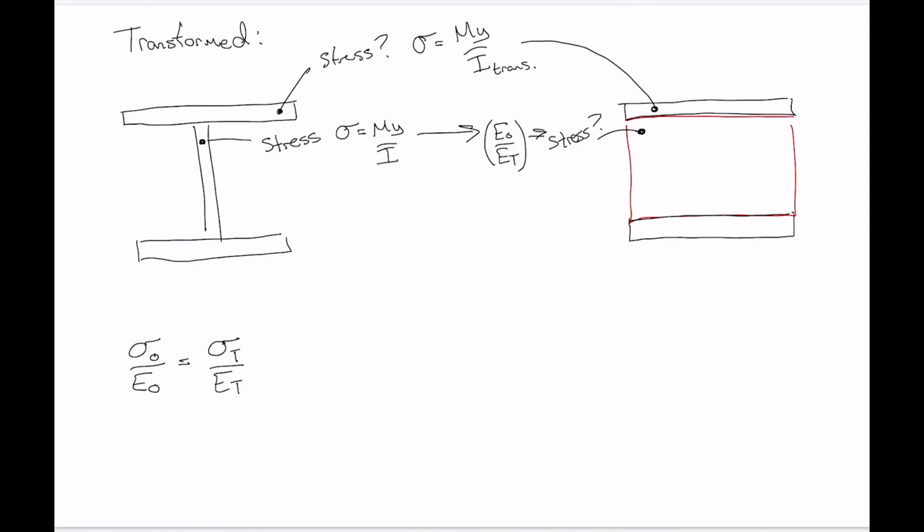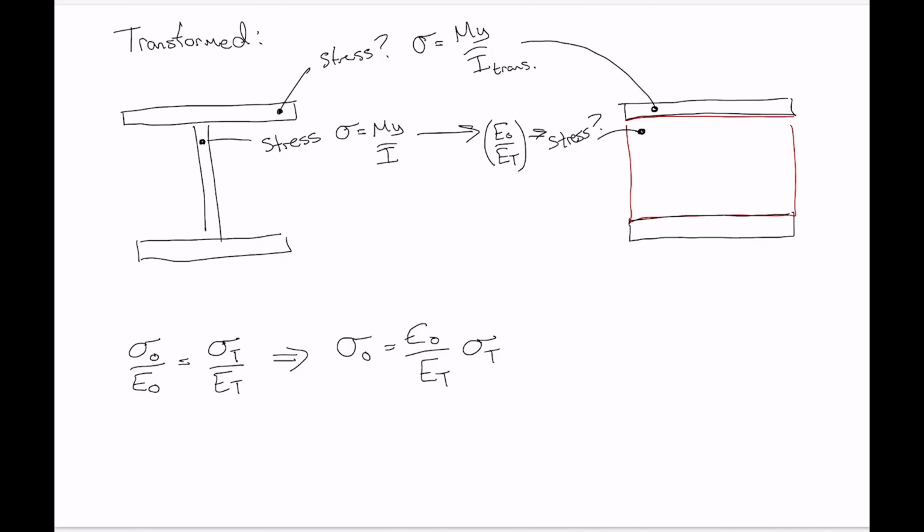This tells us that the stress in the original material will be equal to E naught over ET multiplied by the stress in the transformed material. I'll do this on a new line so I can put a box around it.